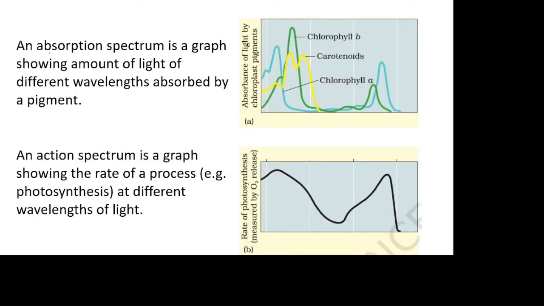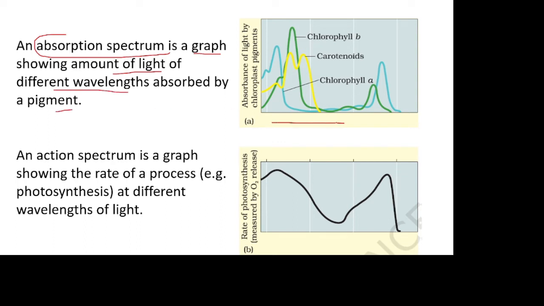So to understand the process of absorption of light and the rate of photosynthesis, we have to draw two graphs. These graphs are called the absorption spectrum, which shows the amount of light of different wavelengths absorbed by a pigment.